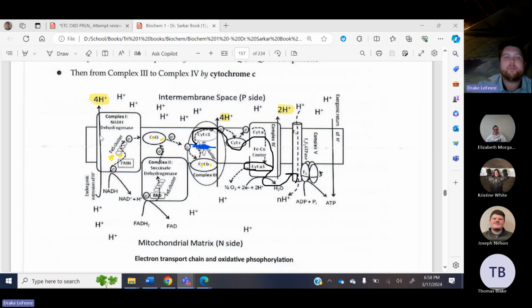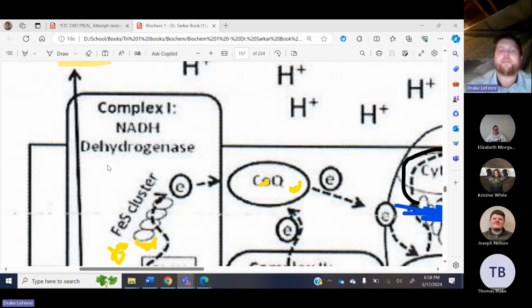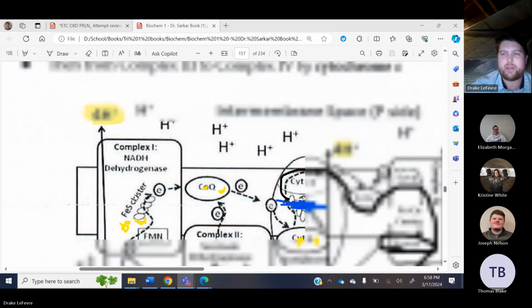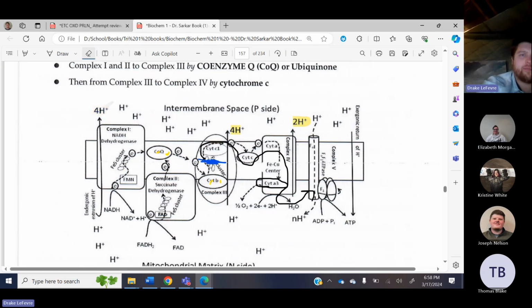So complex 1 is an NADH dehydrogenase. What do dehydrogenases do? What's their function? Remove hydrogen. Yeah, they remove hydrogen.